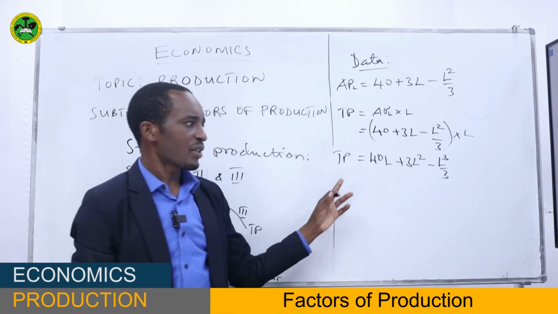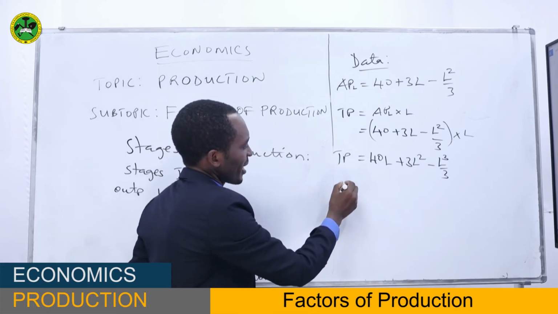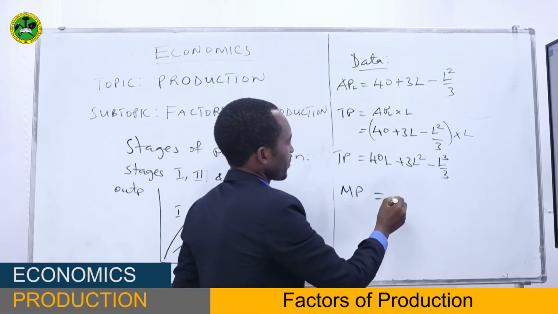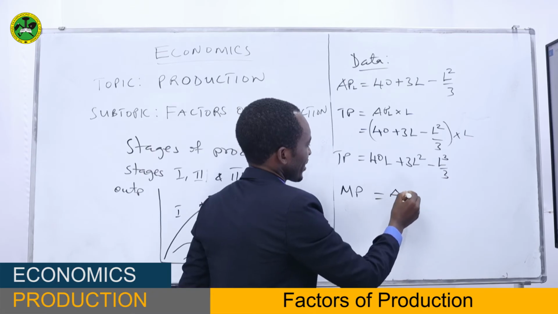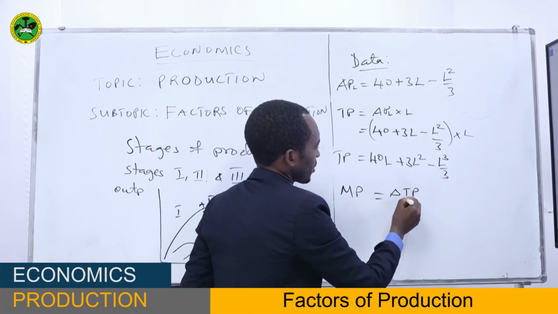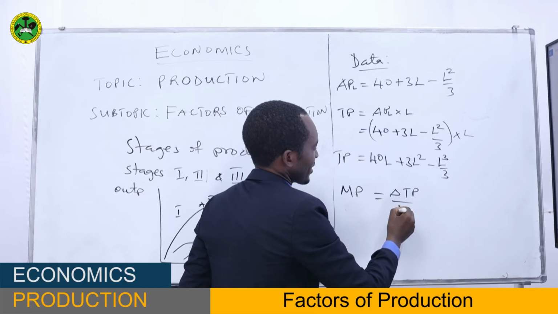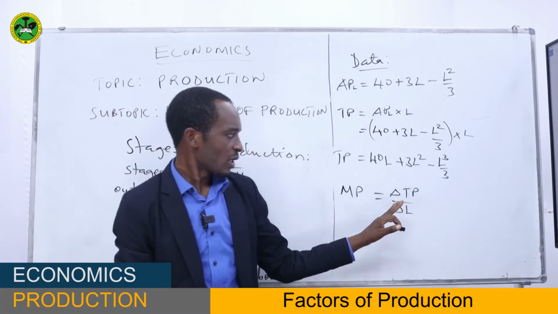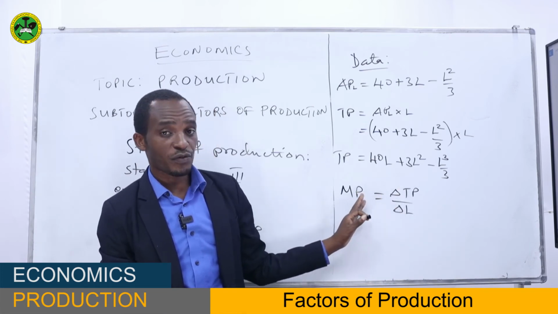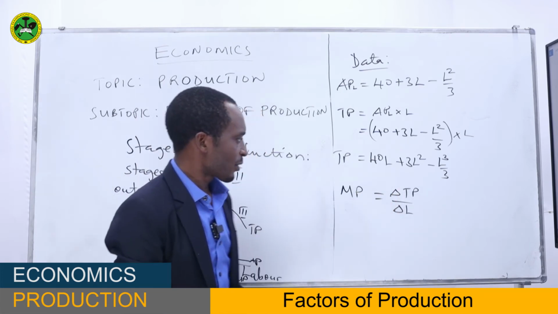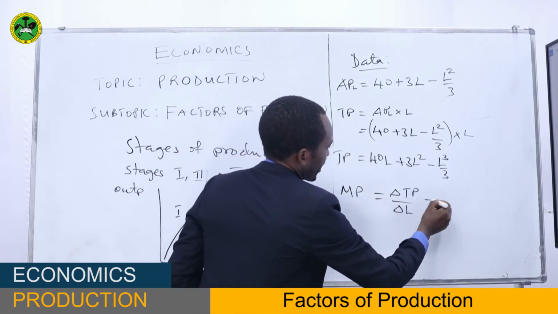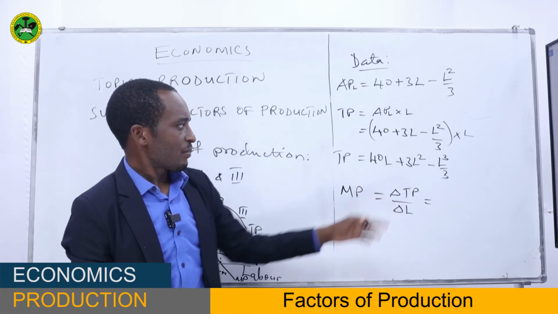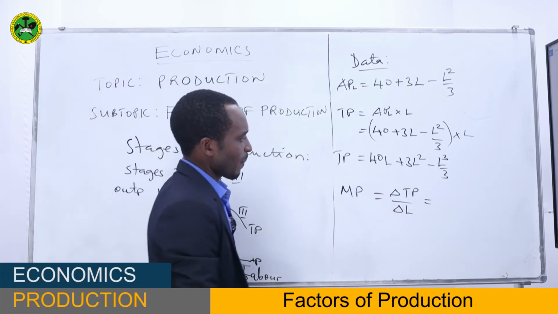So we needed to find now the marginal product, and the marginal product is equal to change in total product over change in labor. I hope all of you have knowledge on how to find the marginal product. So this will be obtained by differentiating this total product function.